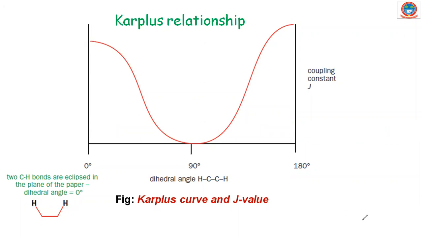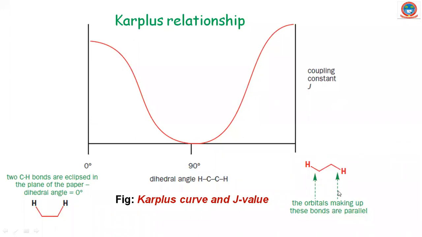Similarly, if you go for the next one, see again, an extreme example. These two protons which had a 0 angle, here they have a 180 degree dihedral angle. When they have a dihedral angle of 180, their orbital orientation is very effective.